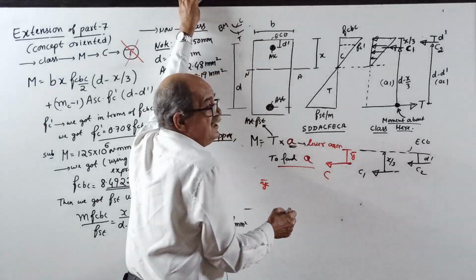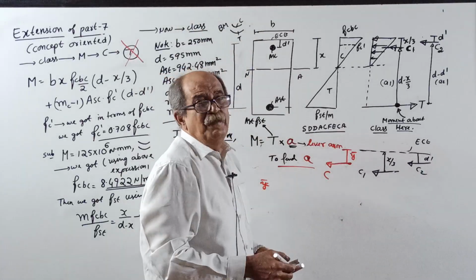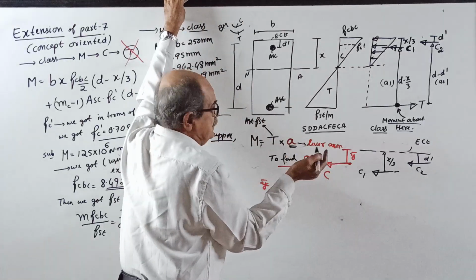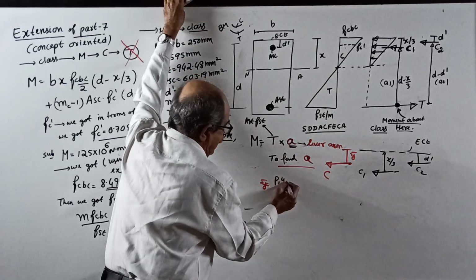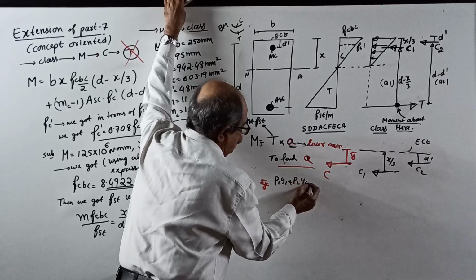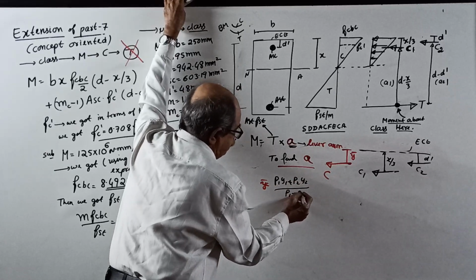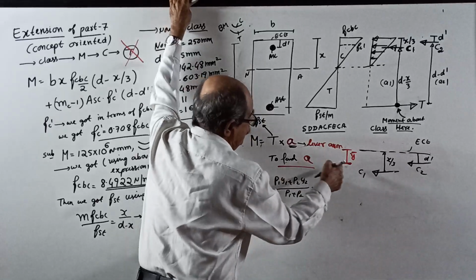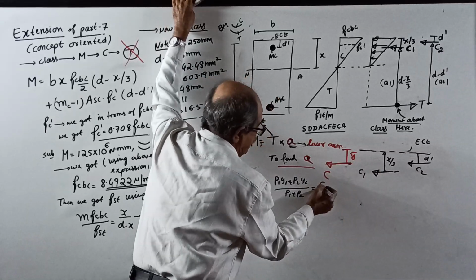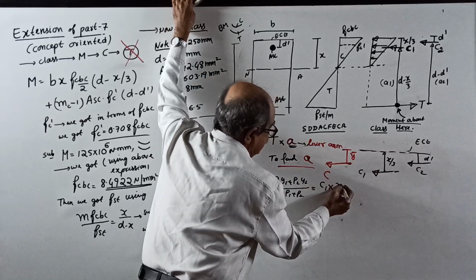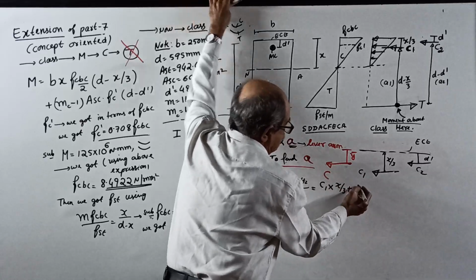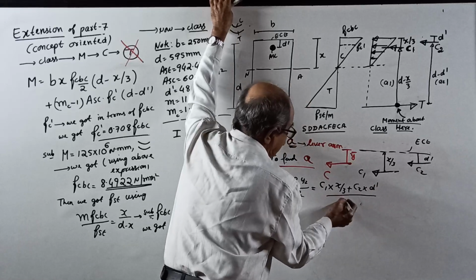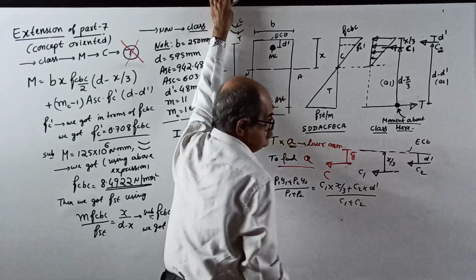That y bar is the distance of the line of action of the resultant of C1 and C2. The basic formula in mechanics: if two forces are P1 and P2 at distances y1 and y2, then y bar equals (P1 y1 plus P2 y2) divided by (P1 plus P2), the total P. Here it is C1 into x by 3 plus C2 into d dash, divided by C1 plus C2.